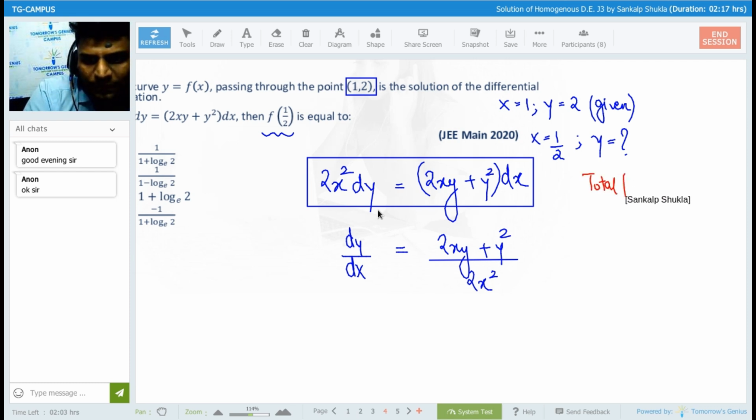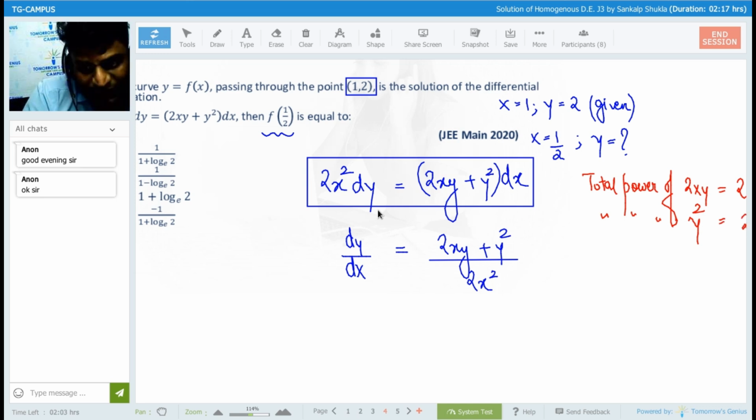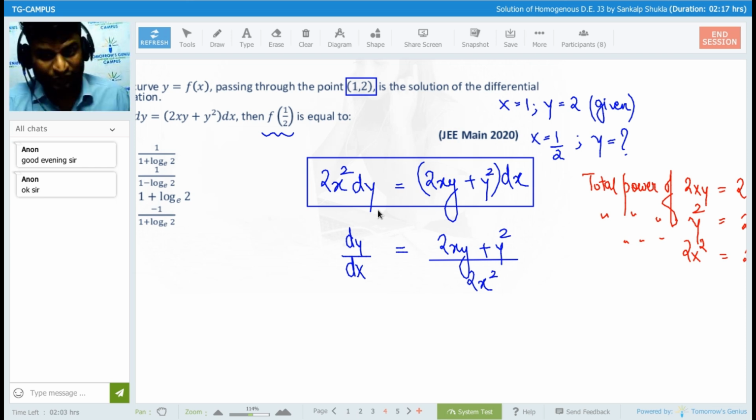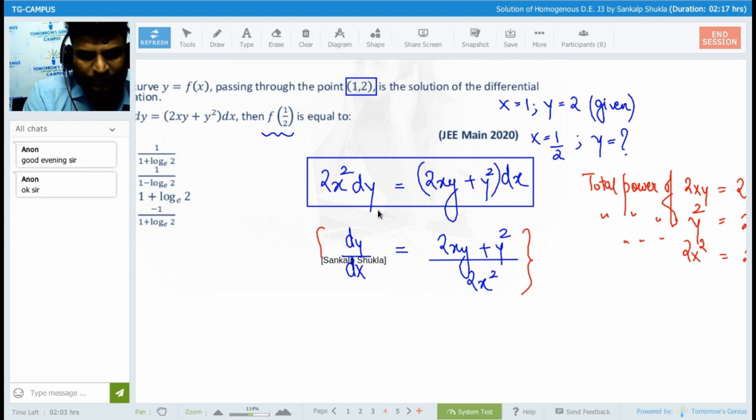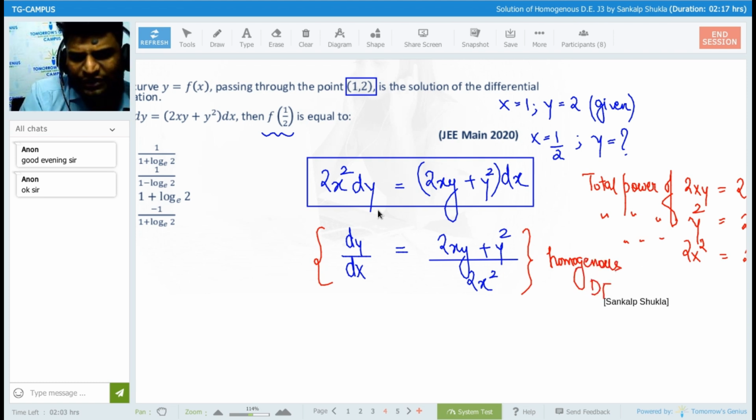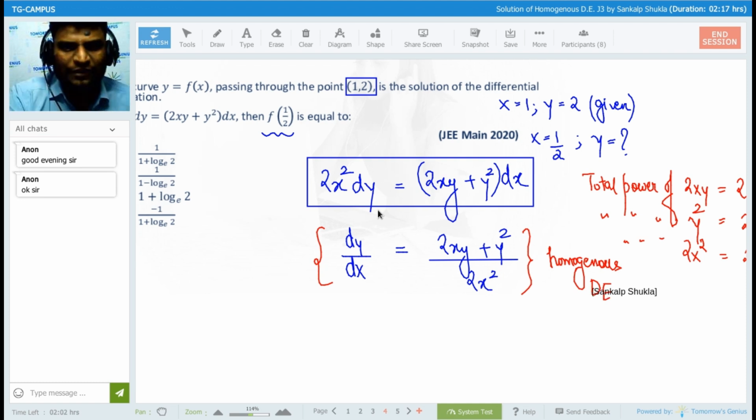Total power of 2xy is 2. Total power of y square is again 2. Total power of denominator 2x square is again 2. So since all the total powers are the same, that means this is a homogeneous differential equation.